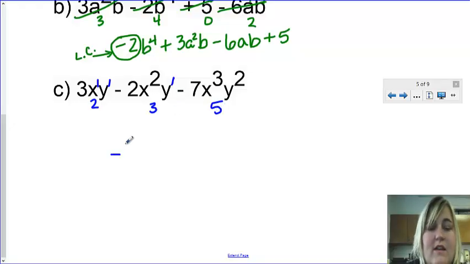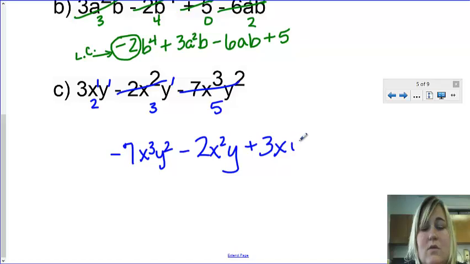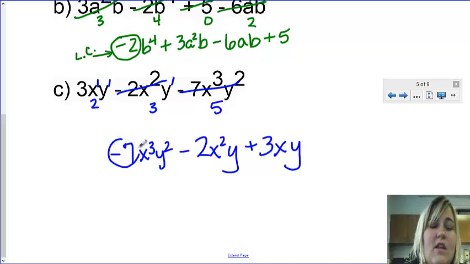So I'm going to have negative 7x to the third y squared, and I'm done with it. Then I have 3, which is going to be negative 2x squared y, and I'm done with that. And finally is my plus 3xy. And again, my leading coefficient is going to be that number that's out in front, so I have negative 7 as my leading coefficient.